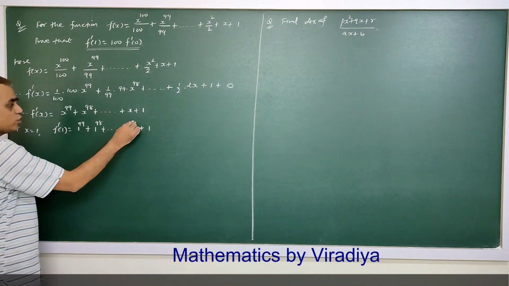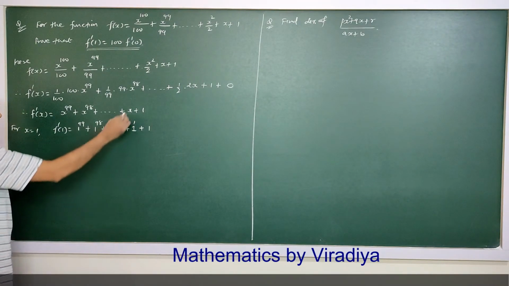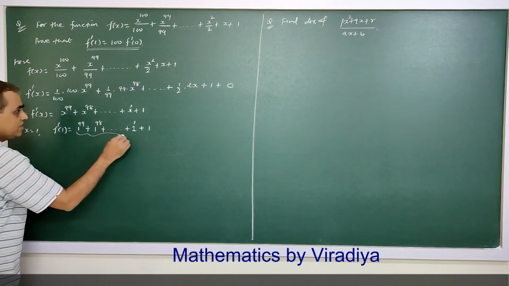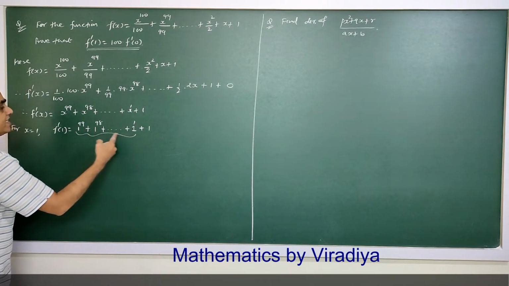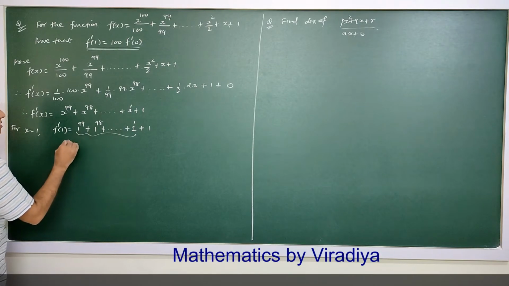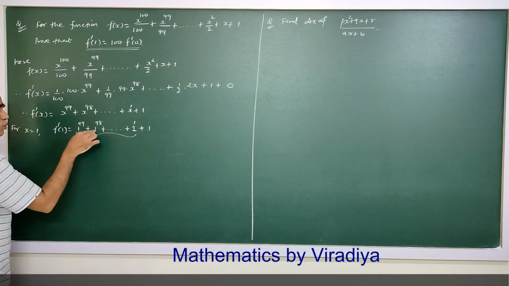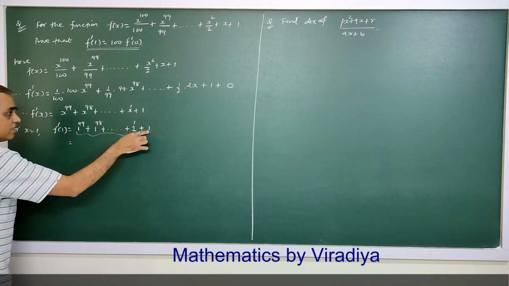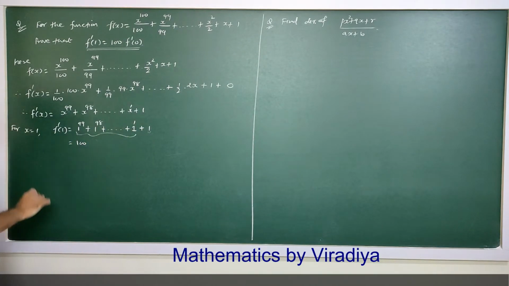These are 99 times 1, that is 1 plus 1 plus 1, this total is 99, and plus 1, so total is 100. F dash of 1 is 100.